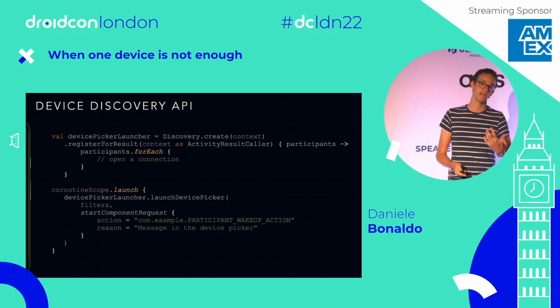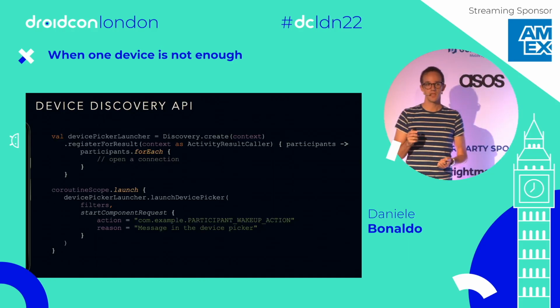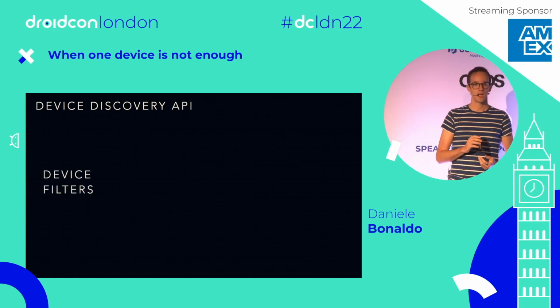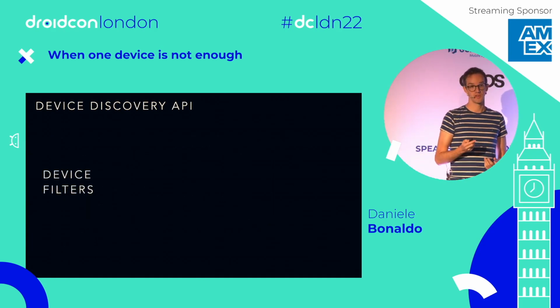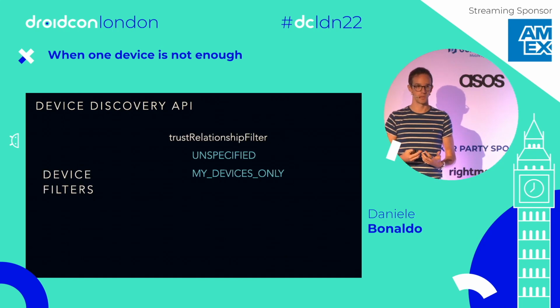And these are something that you can use to actually filter, as the name suggests, the kind of devices that are shown to the users for the selection. At the moment, there are just two types of filter. The first one is related to the relationship of these devices.